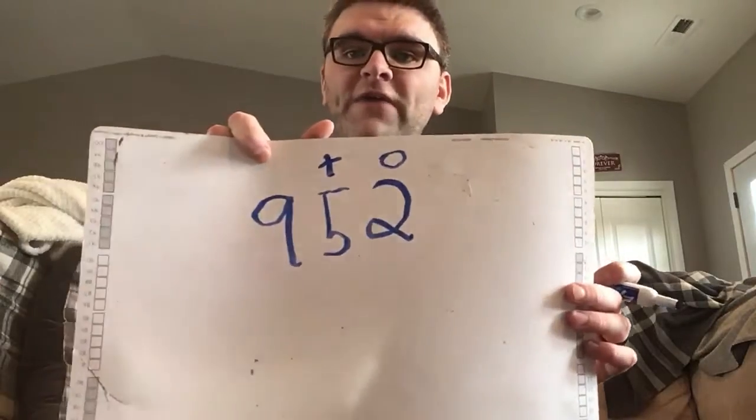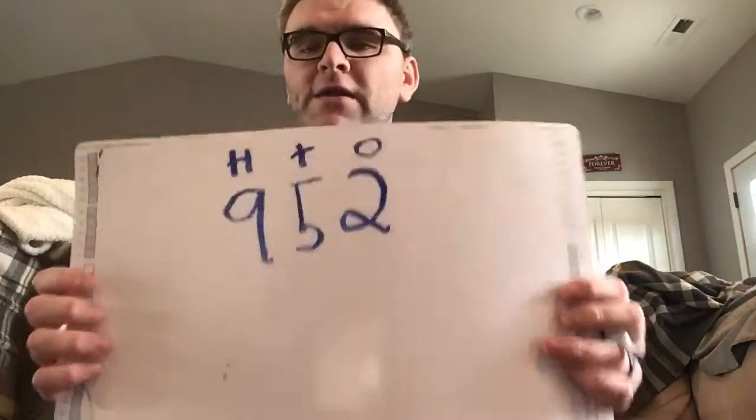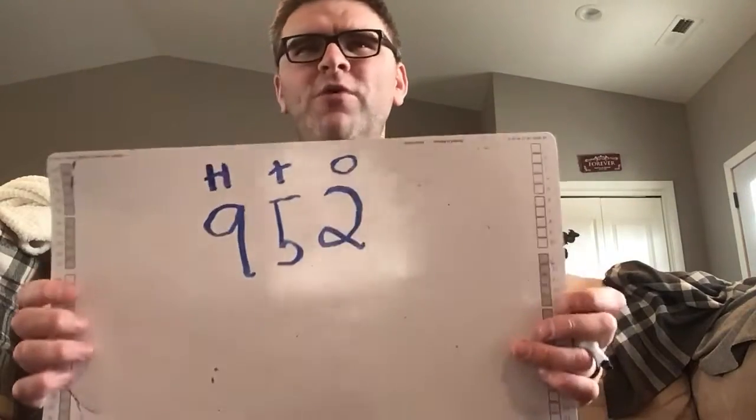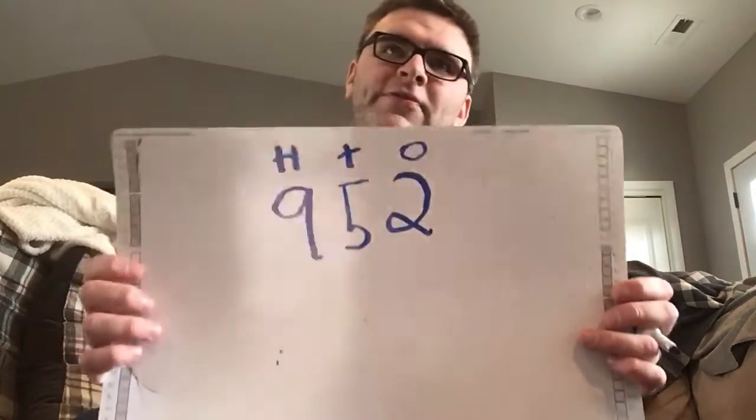We've got a tens place value for our 5. There's 5 tens there. And we've got 9 hundreds, H in the hundreds place value. All right, so that means if we know place value, expanded form gets pretty easy. I'm going to keep this number.